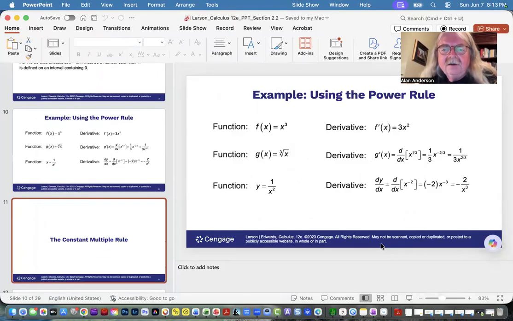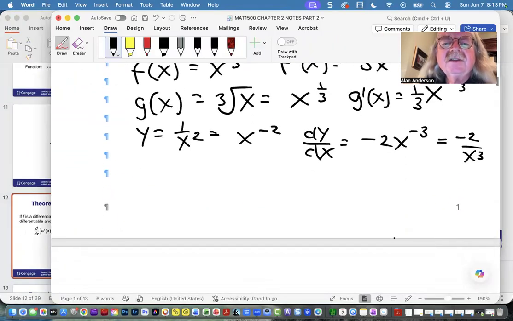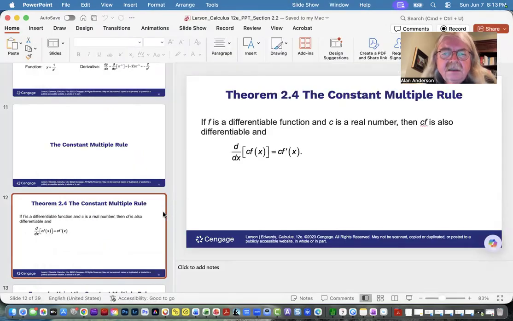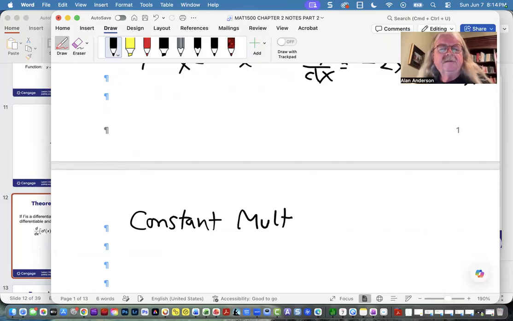All right, now what's next? Constant multiple rule. Now, imagine extending this a little bit to the following. You're basically combining the first two rules.